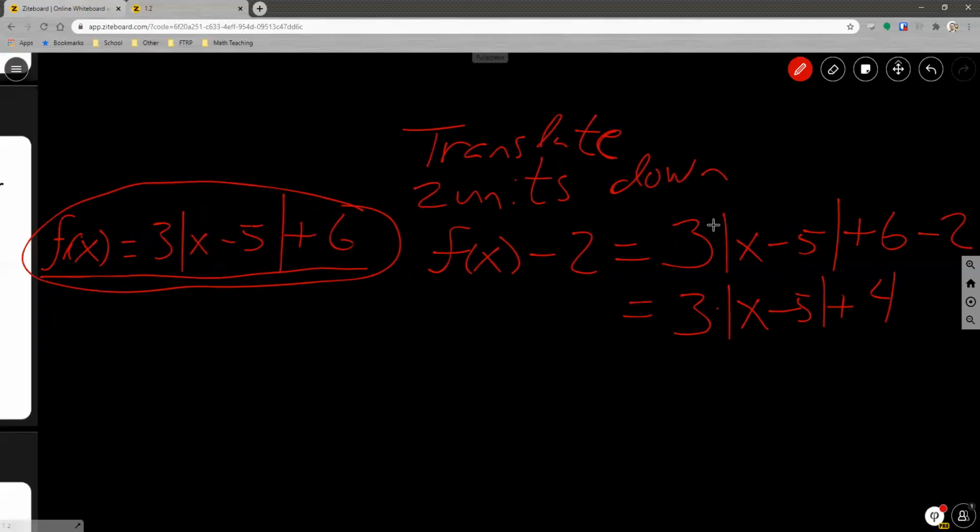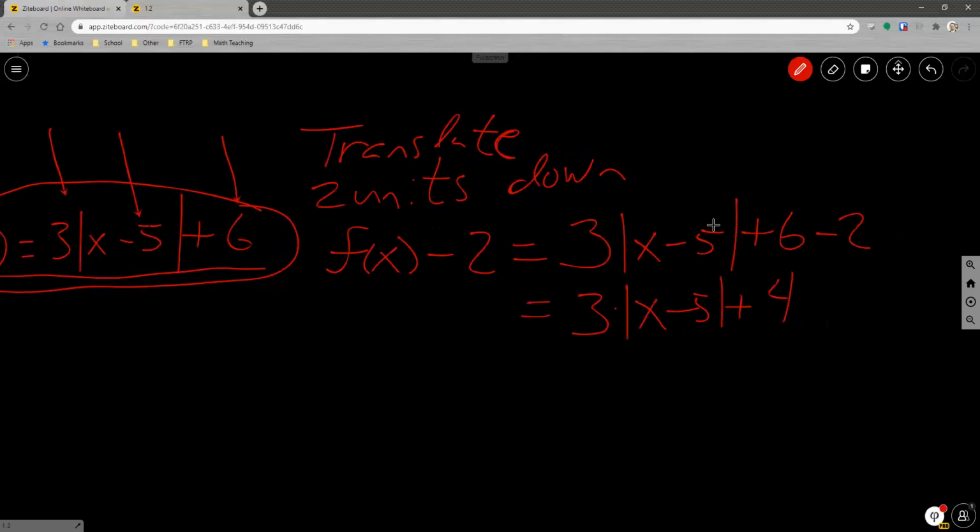So I took this function, which already has 3 separate transformations happening, and I moved it down by 2 by subtracting 2 from the function as a whole. Remember, my original function is 3 times the absolute value of x minus 5 plus 6.